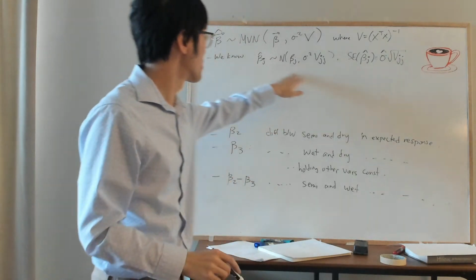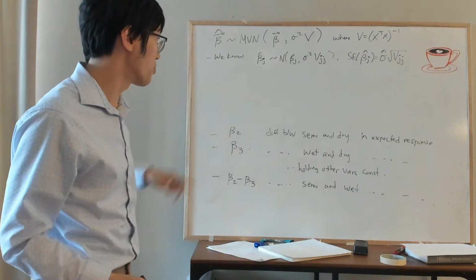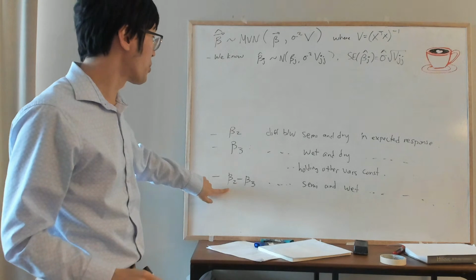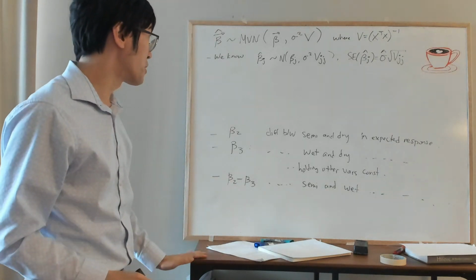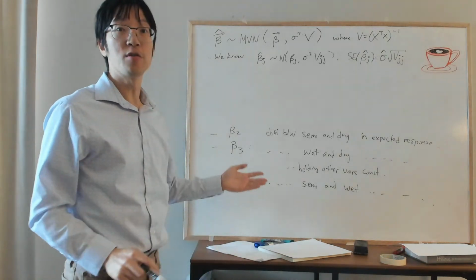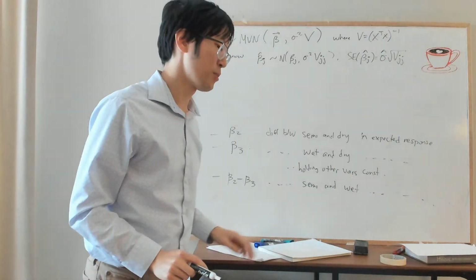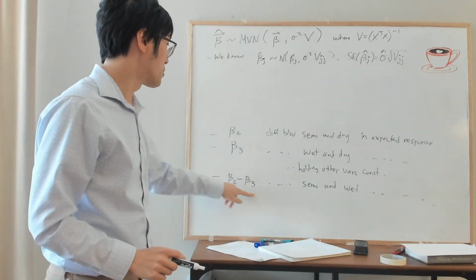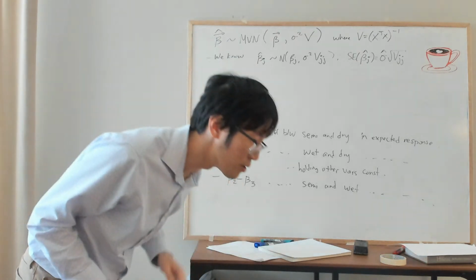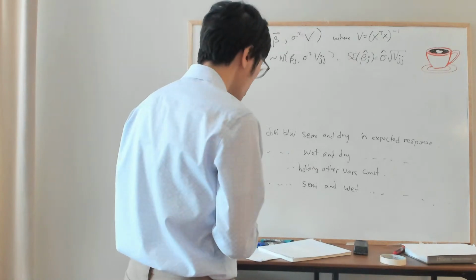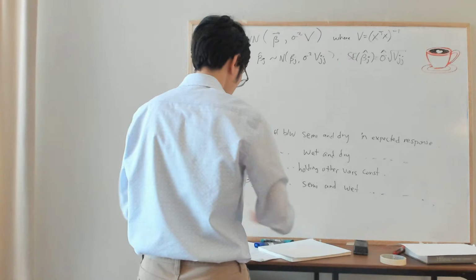Okay, so using this, we can get confidence intervals for beta 2 and beta 3. But what about for beta 2 minus beta 3? What if we wanted a confidence interval for the expected difference in flavor between semi and wet processing methods? Well, now we have to deal with this combination of two parameters, beta 2 minus beta 3.